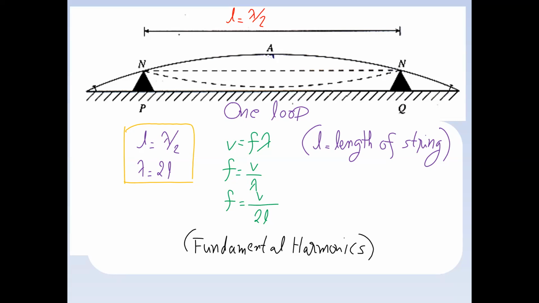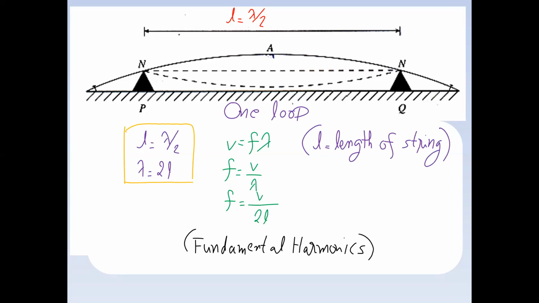When we are vibrating it in 1 loop, the total length is lambda by 2. L is the length of the string. If you have played guitar, it is the first pluck. When you pluck it the first time and you hear the starting sound, it is 1 loop.